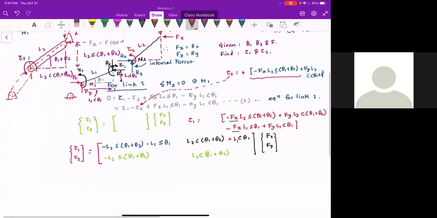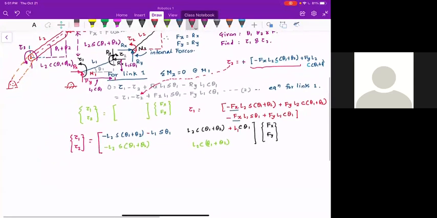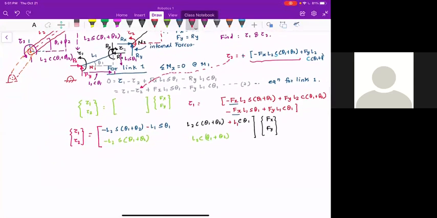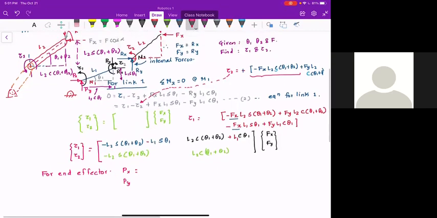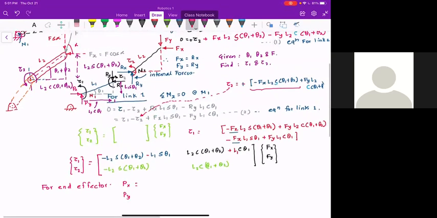Based on the analysis that we did so far, for the end effector, there are two positions: P of X and P of Y. P of X is going to be L1 cosine theta 1 plus L2 cosine theta 1 plus theta 2.